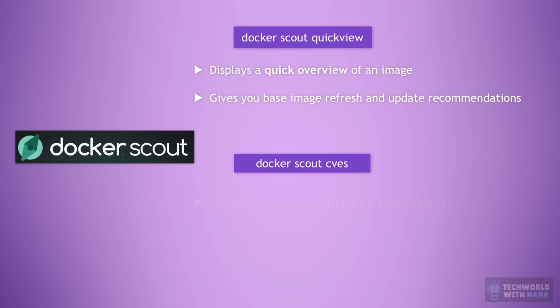And then there is a more extensive or more thorough scanning that you can do with the Docker Scout CVEs command. It basically gives you a complete view of all the vulnerabilities that your image contains. And just like the other tools that we've used, you can tweak it and configure it to add additional flags to basically limit that you're only interested in certain severity level and so on.